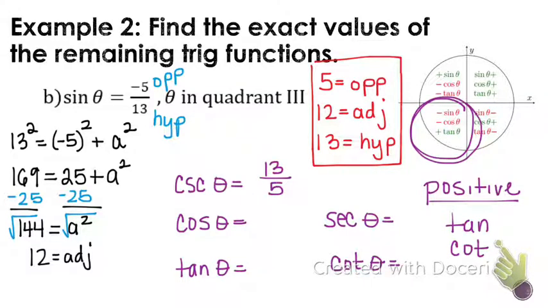Cosine is adjacent over hypotenuse. So adjacent is 12. The hypotenuse is 13. The secant is the reciprocal, so that would be 13 over 12. Tangent is opposite over adjacent, 5 over 12. Cotangent is 12 over 5.